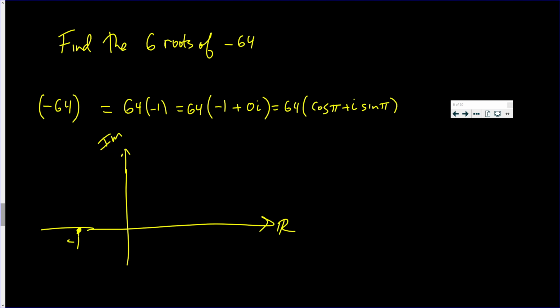This here is negative 1 plus 0i. It is just negative 1, and this length is 1. I'll say times 1 if it's going to make you happier, but what I have is correct. Okay, 64.